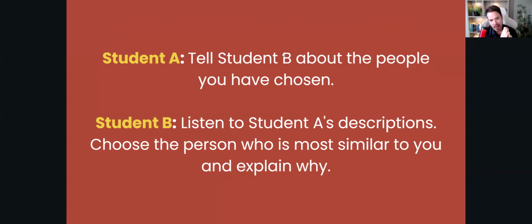So here I thought, okay, how can I create a purpose for B to listen to A so B could make a decision? So this was a decision I'd like B to make. Listen to A and choose the person who's most similar to you and explain why. Or if they're not similar to you, you can also explain why. But I force B to listen to A in order to make a decision.